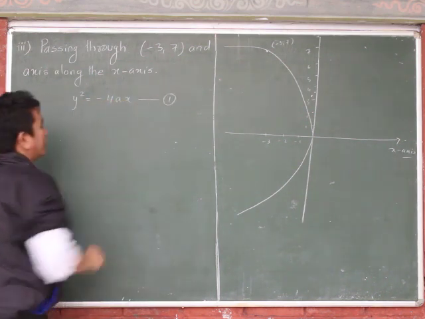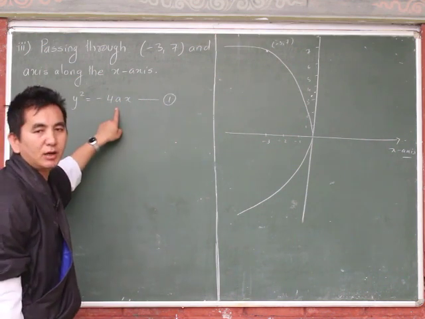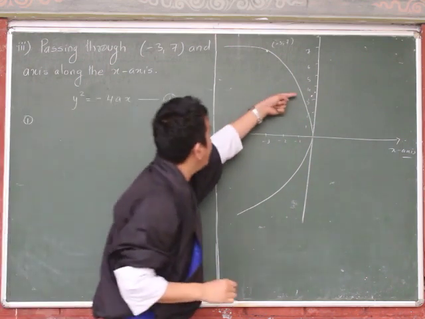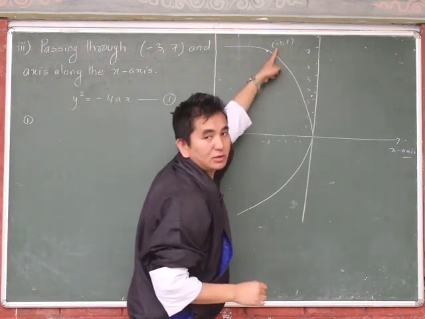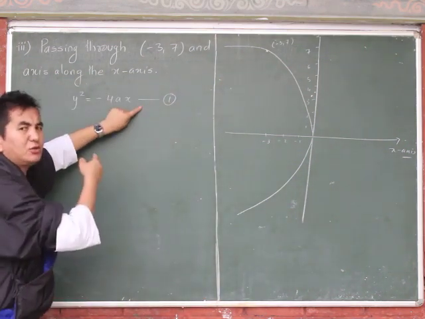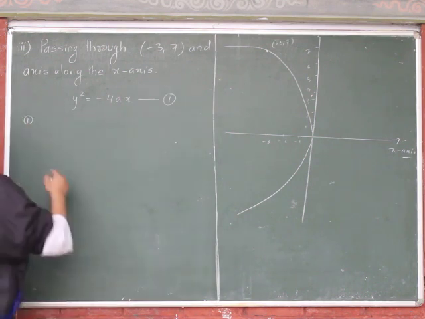Say this is equation number 1. Now, the parabola passing through this point means this equation is passing through negative 3,7.